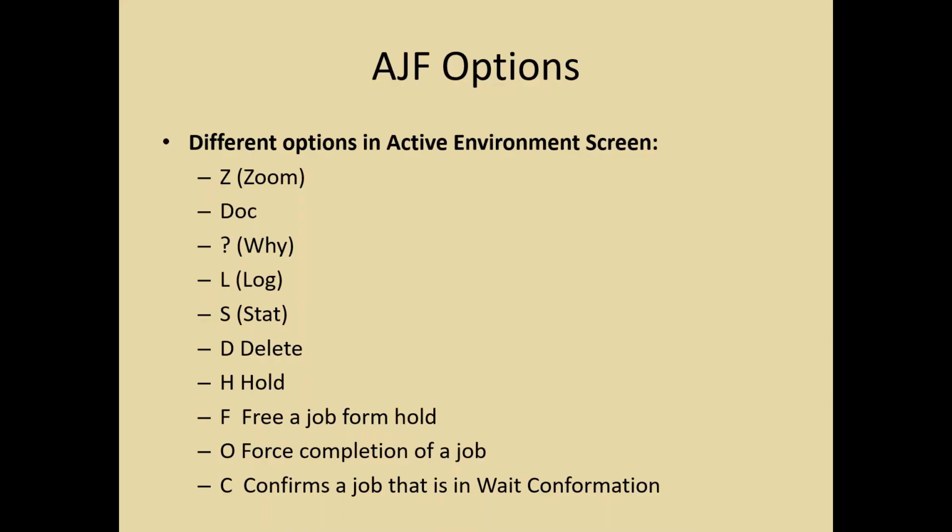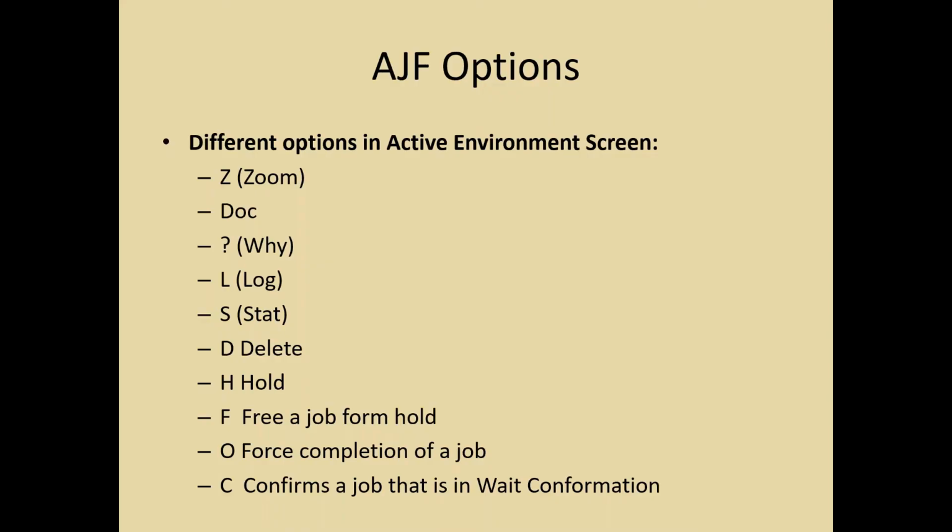So suppose there are 50 jobs which are dependent on job A and that job A has failed. When you backtrack, you will find that job A has failed. In this situation, you will give O in front of job A and force complete. As soon as the job status changes from ended not OK to ended OK force completed, all your dependent 50 jobs will start executing.